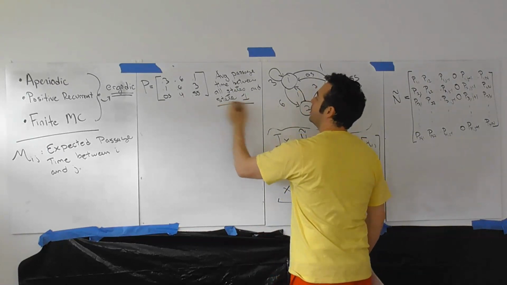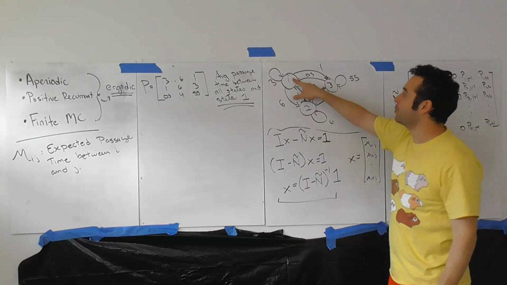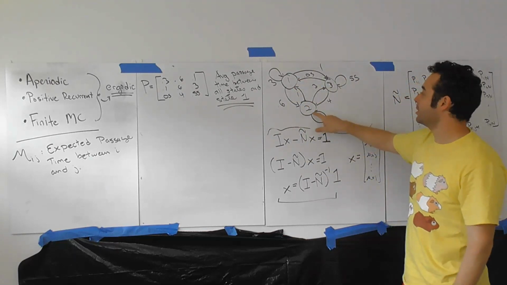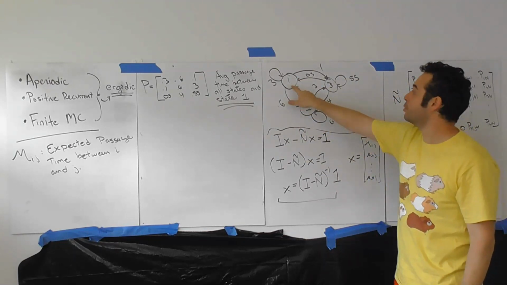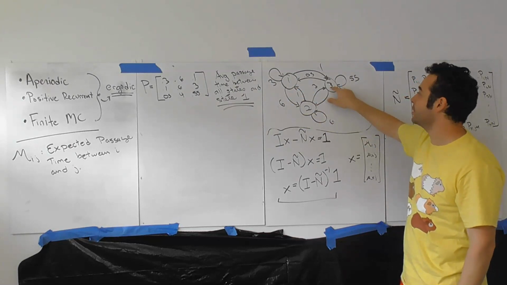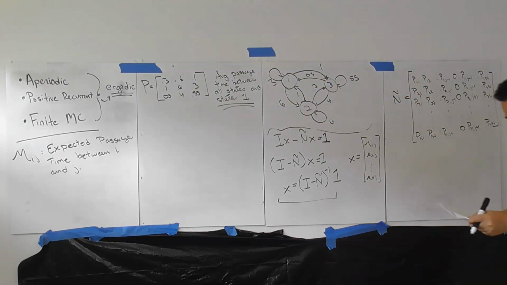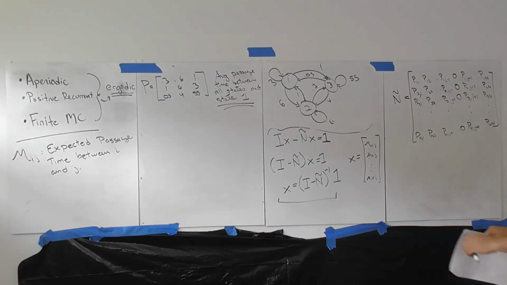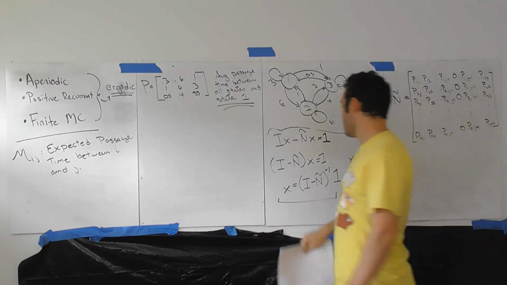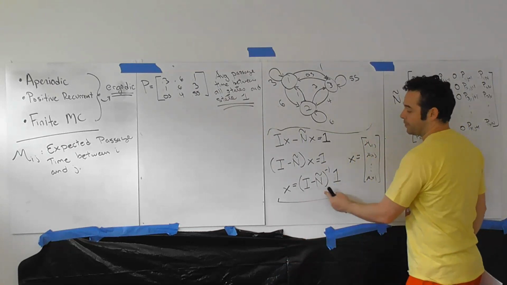Okay? So I want to know how long it takes to go from 1 back to 1, how long it takes if you start at 2 to go to 1, and how long it takes if you start at 3 to go to 1. All right, so let's figure this out. So we have our P matrix, and what we're going to want to do is solve for this equation.